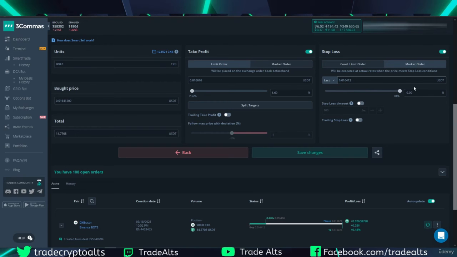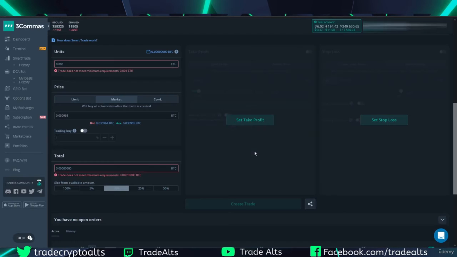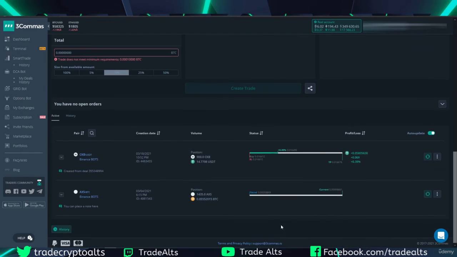Now, when you are using a stop loss, I would probably use the market order, because you want to for sure get out of that trade and be done with it, right? That's the whole point. So once you select market order, you click save, and watch down here: smart sell successfully updated.